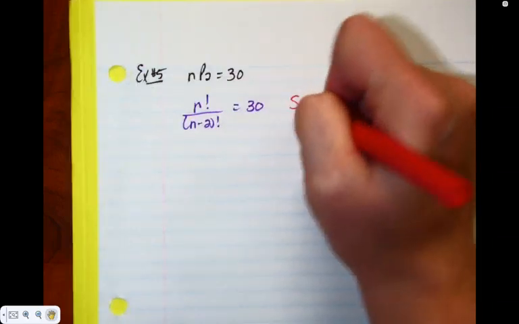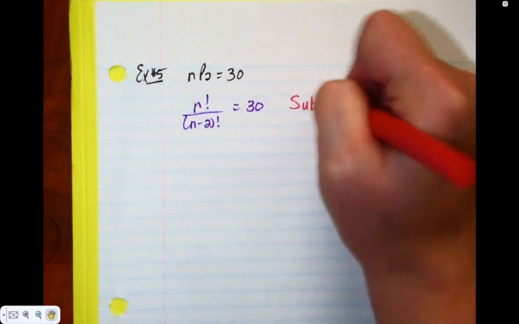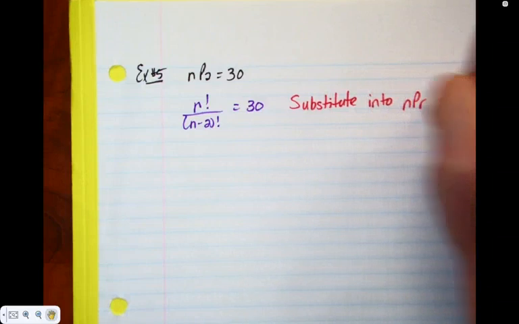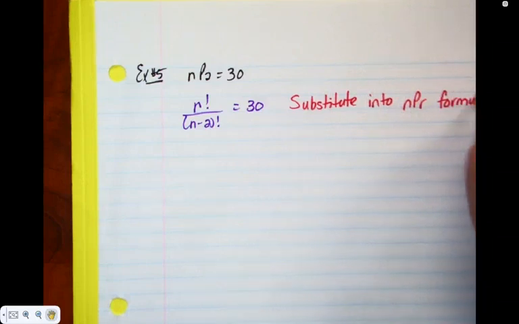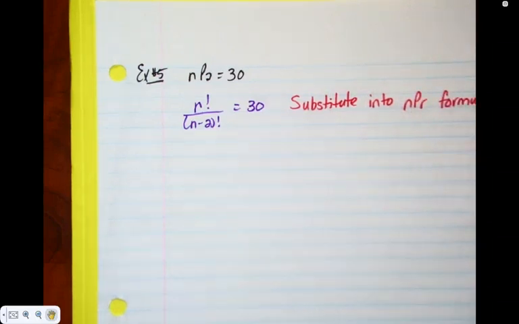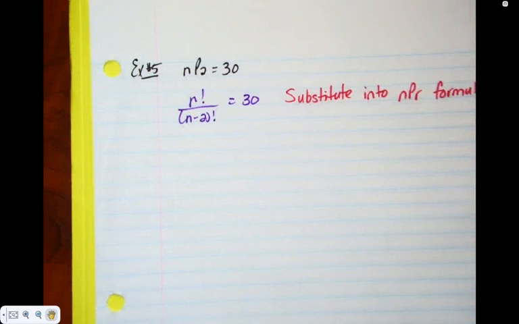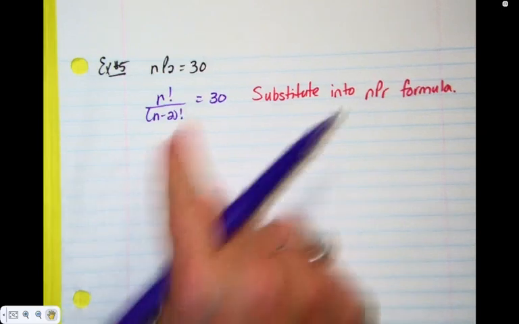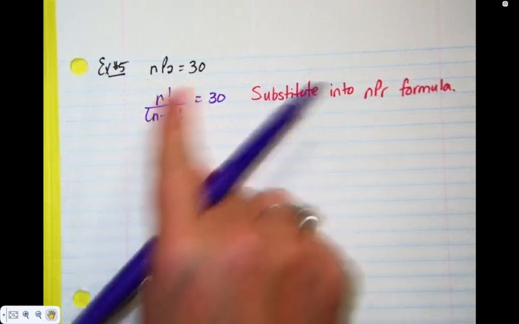So step number 1, substitute into the NPR formula. The next step would be to simplify these factorials. This is another reason why we practiced this already.